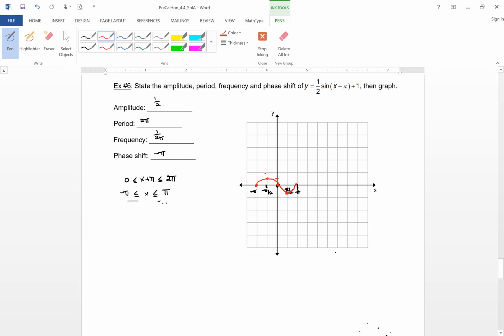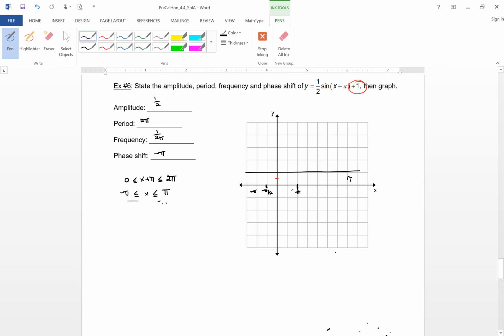Ooh, and of course I made a mistake because I didn't see what we were doing yesterday. So this is raised up by 1. That means I don't start at 0. Everything now is going to move up 1. So that means my new axis, it's no longer the x-axis, my new axis moved up 1 here.